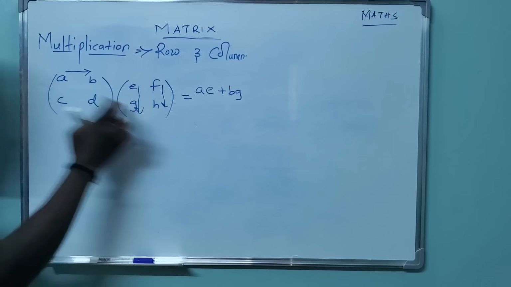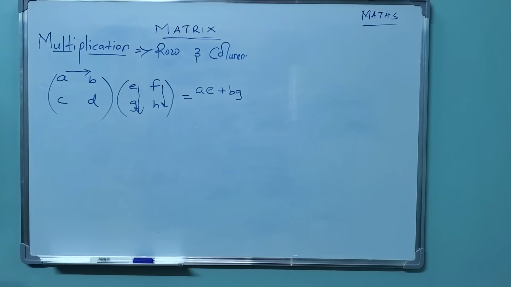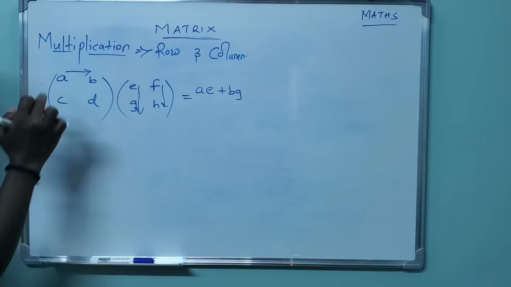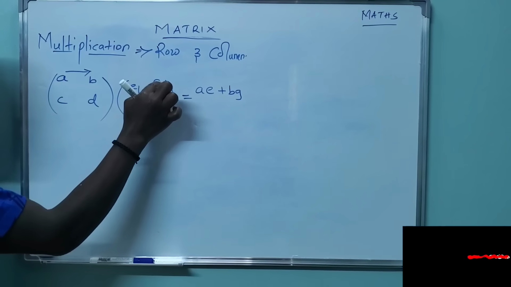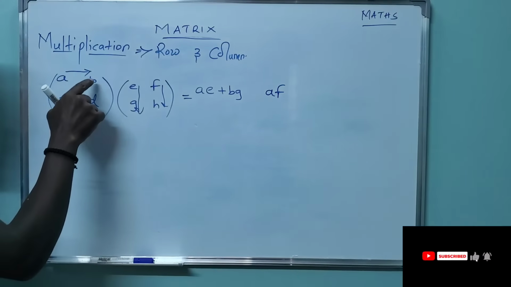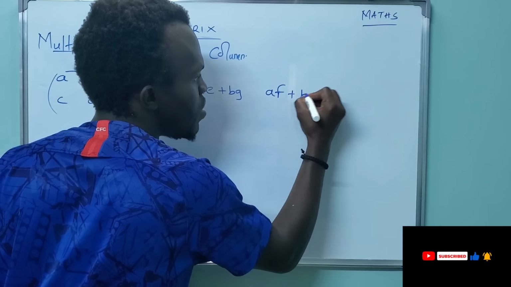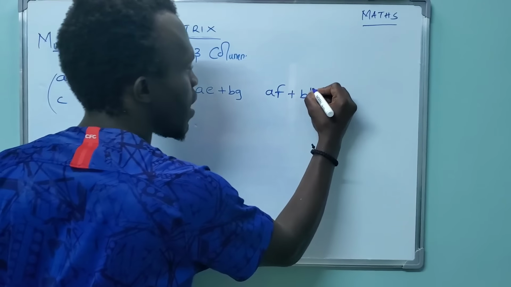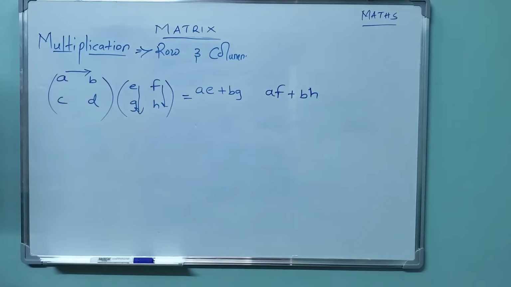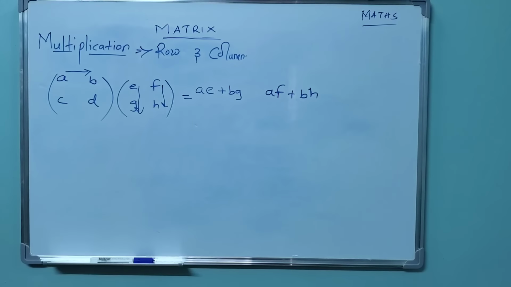We go to the first row again with the second column, whereby now I'm going to come here and say A multiplied by F, it is going to be AF. And again, B multiplied by H, I'm going to have there plus BH. And now I'm done with the first row.